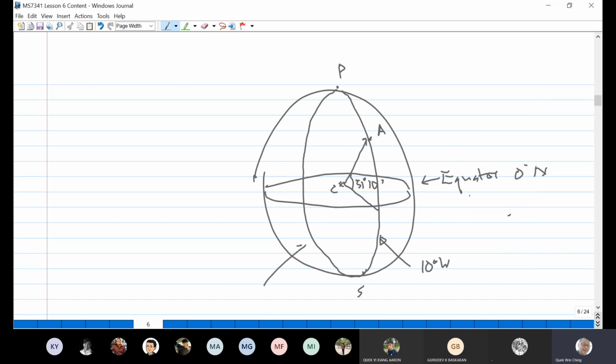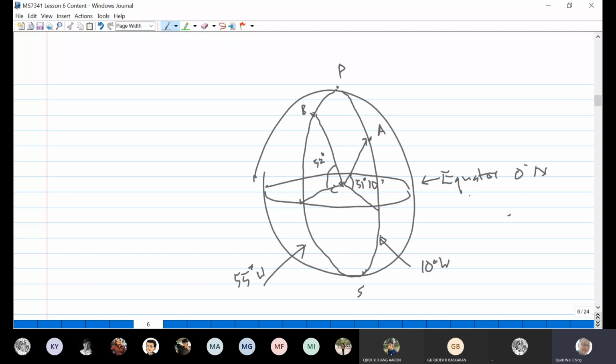This circle is 55 degrees west. It moved westward, and then this equator again, and B is somewhere high up here, and the latitude is 52 degrees. So from here to here, this is 52 degrees.